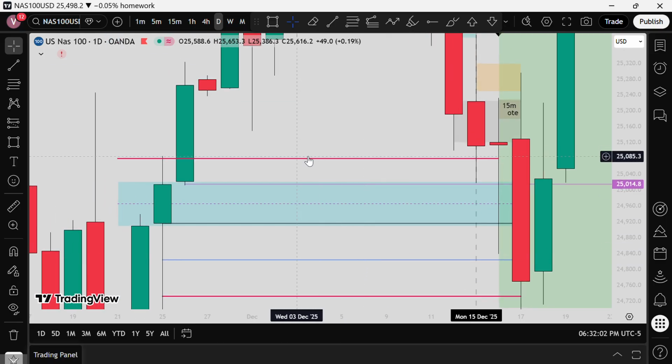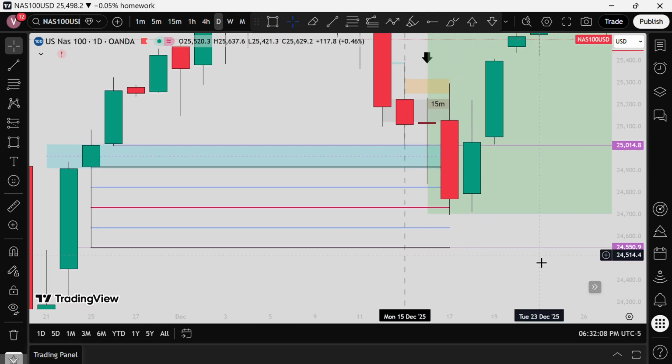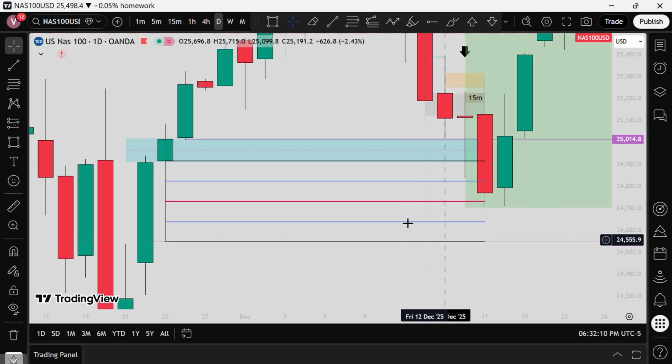I'll remove the initial quadrant. So we'll check the grading and we'll check how it behaves inside the fair value gap to understand what would be its next target on lower time frames.